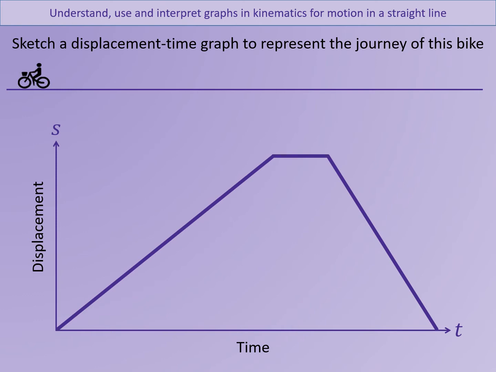So we can see that the faster section had a negative gradient because it was travelling in the reverse direction, and it also had a steeper gradient to show that it was travelling faster. We also had this section at the top where the displacement briefly stopped moving, the bike stopped moving, so therefore the gradient was zero.